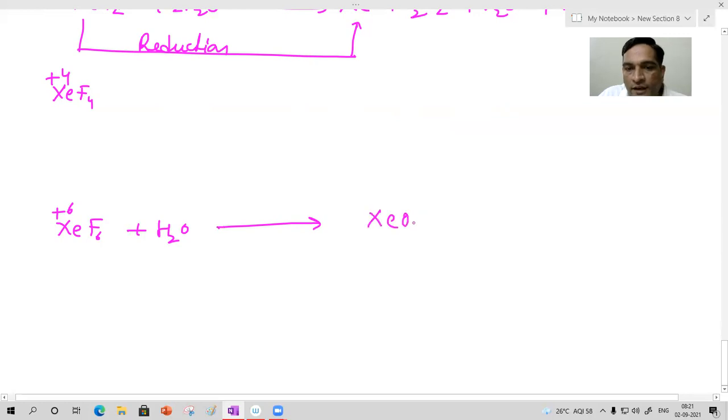My dear, we are getting XeO3 plus 3 mole of HF. So, how many water will be used, my dear? There are 3. 6. So here, my dear, 6 HF will be formed. XeO3 is a colorless explosive solid.